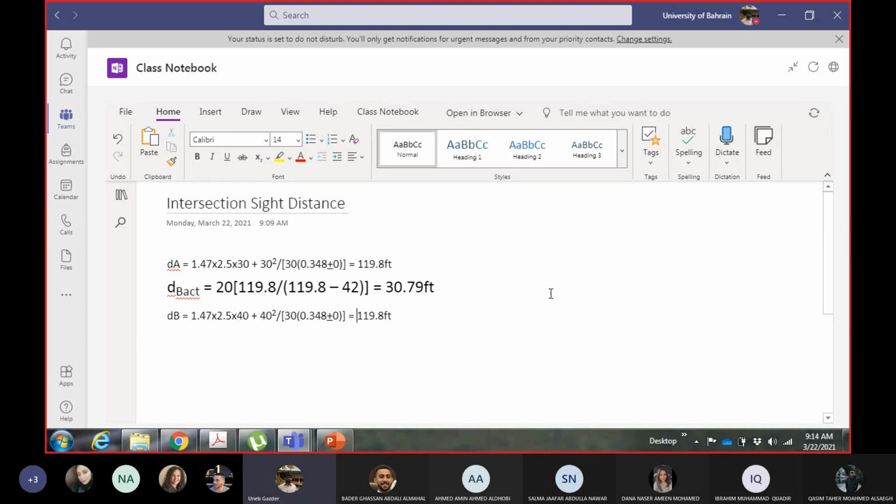Okay, how much is it? 300.25. Okay. Then, so we have two approaches for dB minimum, right? So this is one.